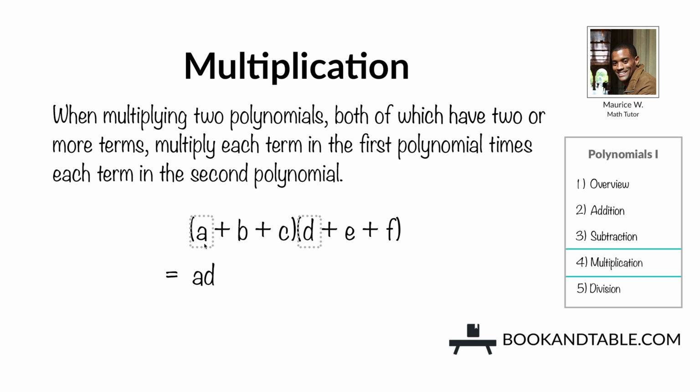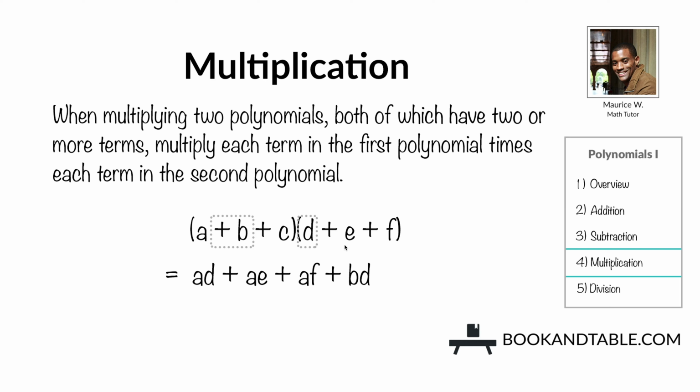So we'll take our first term a and multiply it times all 3 terms in here, giving us a times d, which is ad, a times e, which is ae, and a times f, which is af. So now that we've multiplied this term times all 3 of these terms, you then go to the next term in this polynomial and repeat the same process.